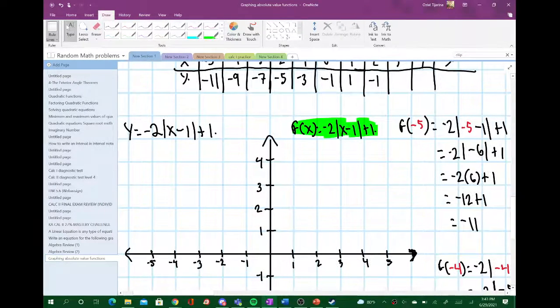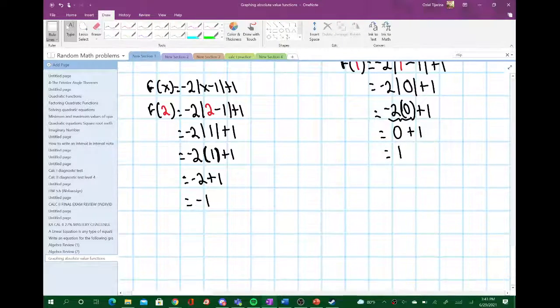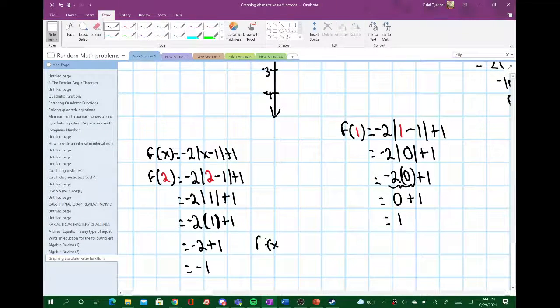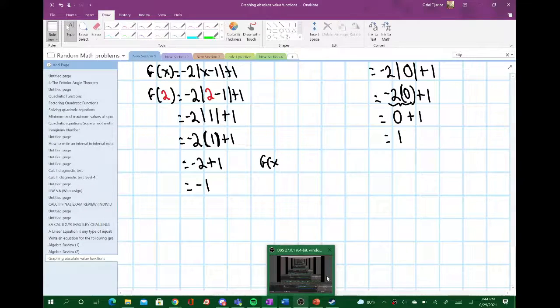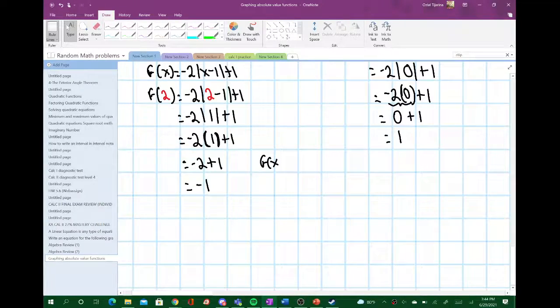Now what about when x equals 3, right? Negative 2, so again, f of x equals negative 2, f of x. Sorry guys, give me a second, I don't know why it did this, hold on.